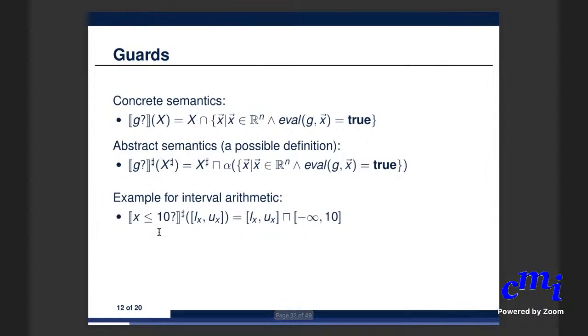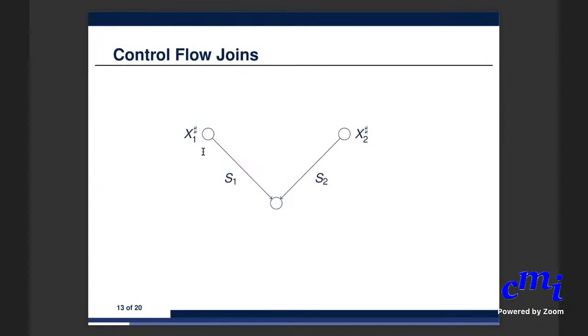Now there is another place where you will lose precision: when you do if then else, as you saw in Diganta's example that he showed you yesterday. After executing if then else, you will have an output, the result in the interval domain, corresponding to executing the statement in the then arm and the else arm.